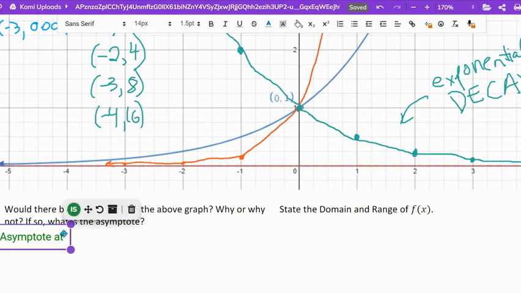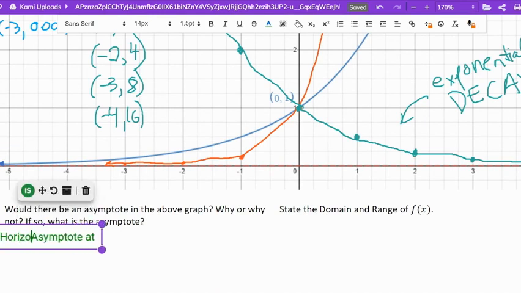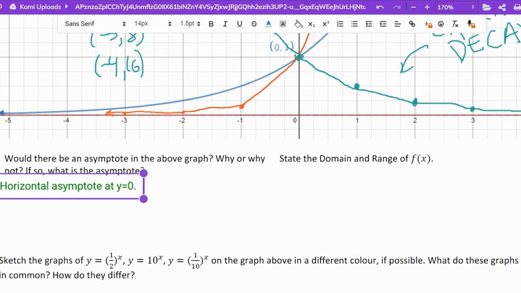That's right. It's a horizontal asymptote. Horizontal asymptote at y equals 0. And so far, we noticed that every single function that we drew has a horizontal asymptote of y equals 0. Okay, great.